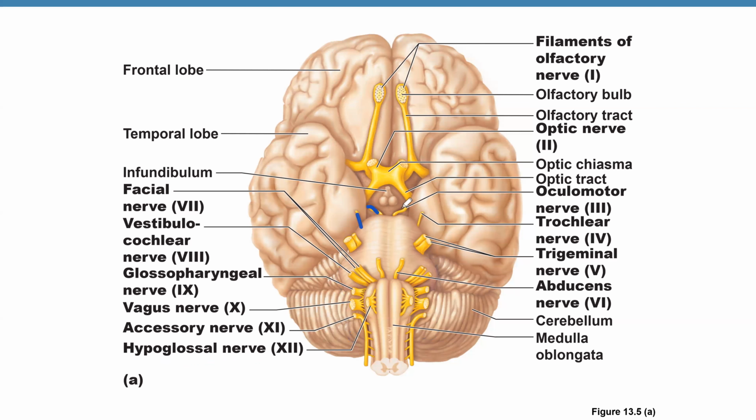Then we have 2 nerves from the midbrain, and this is from the diencephalon, the optic nerve and the olfactory nerve. They carry information to the temporal lobe, where your primary olfactory cortex is located.